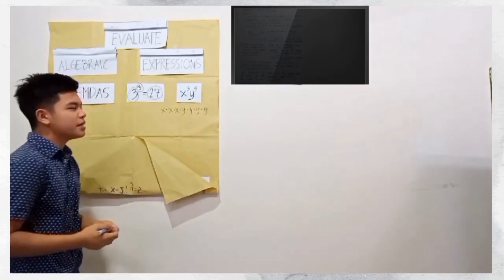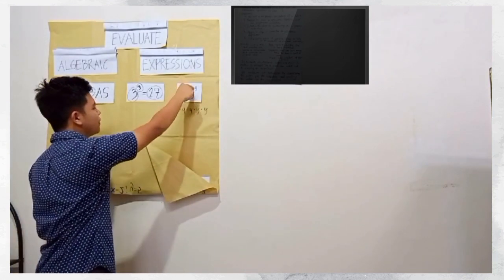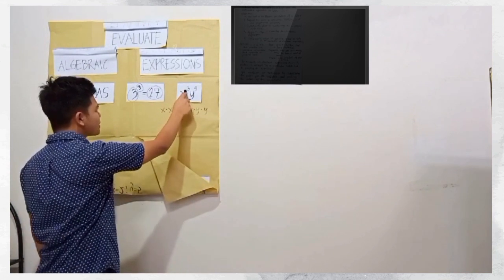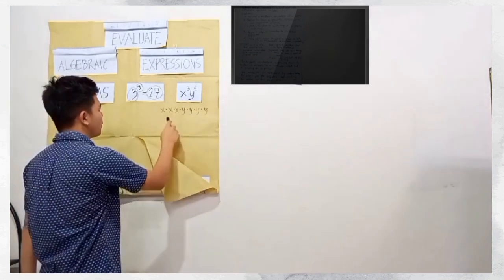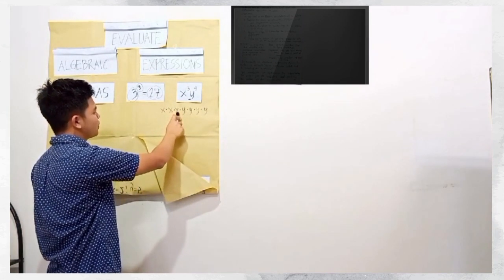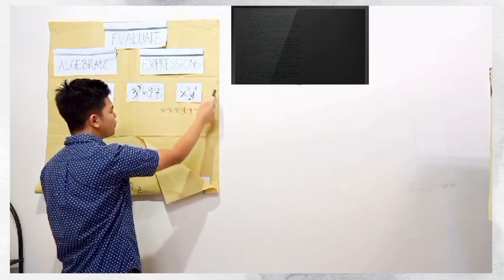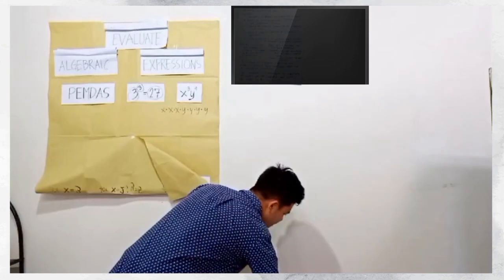Since we have the exponent of 3, x is used 3 times: x times x times x. That is x cubed. Also, y to the power of 4, we have four y's in expanded notation.